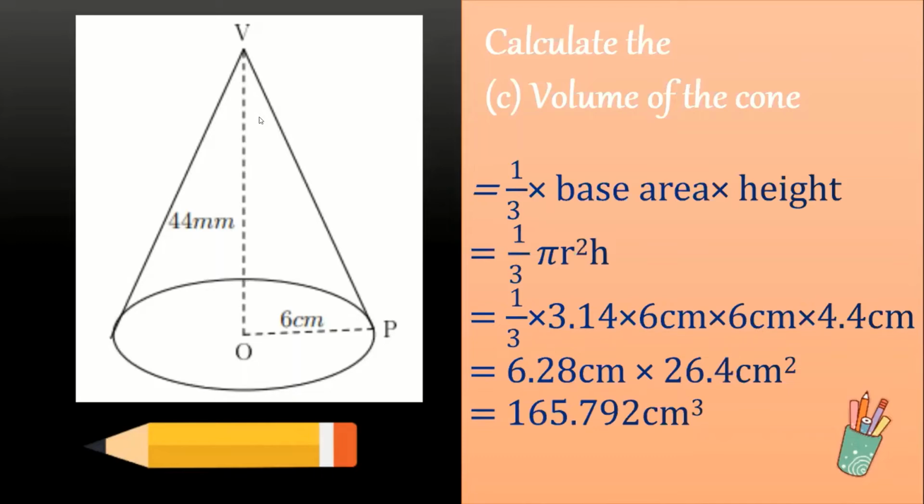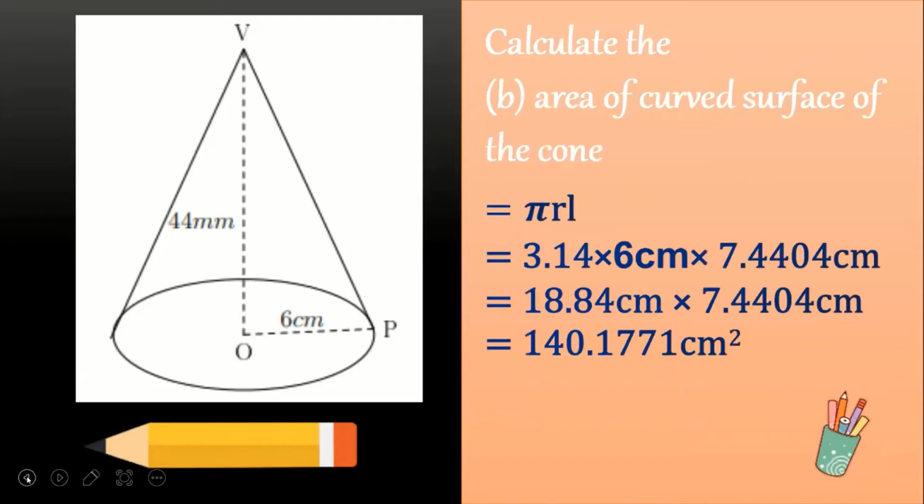What you need to take note of is that when they do not give you a pi to use, always stick to 22 over 7. Whenever they don't specify to use pi as 3.14, go on and use 22 over 7. But once they specify to use your pi as 3.14, then go on and use that one.